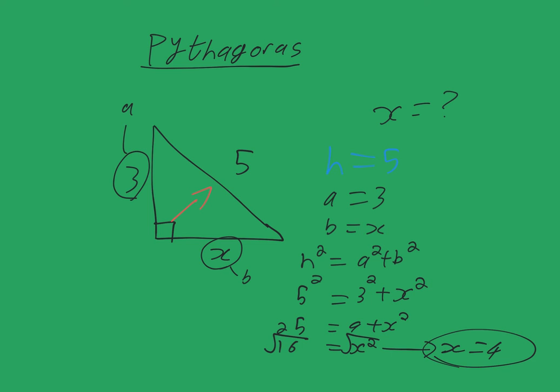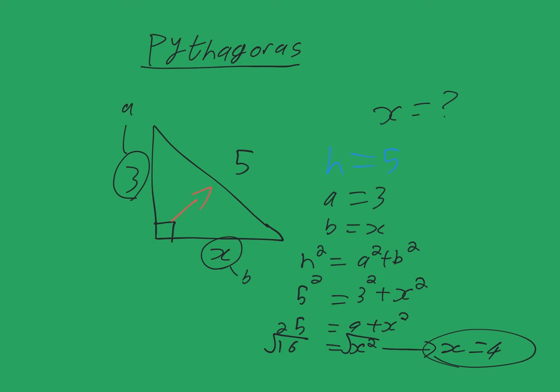Now, as long as you remember that, according to Pythagoras' theorem, a squared plus b squared is equal to h squared, where h is the hypotenuse, you can manipulate that formula to find any of the sides of a right-angled triangle. And if you get given a triangle and you get asked, is this triangle a right-angled triangle?